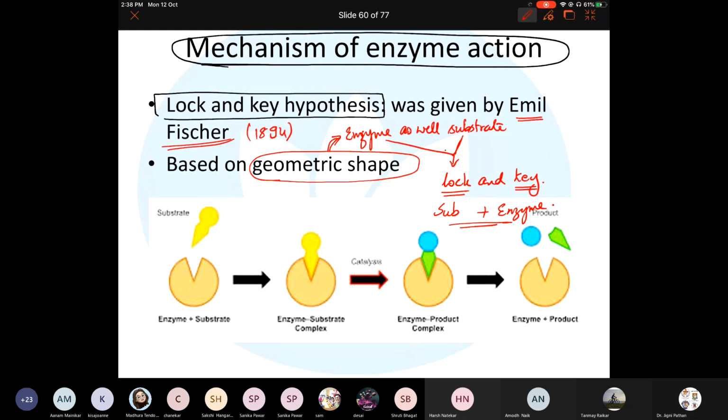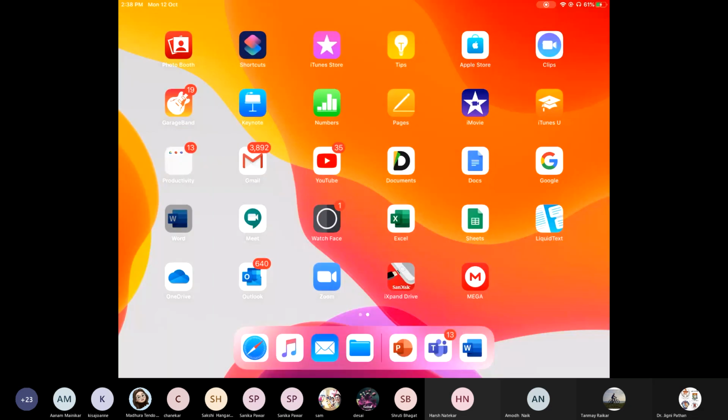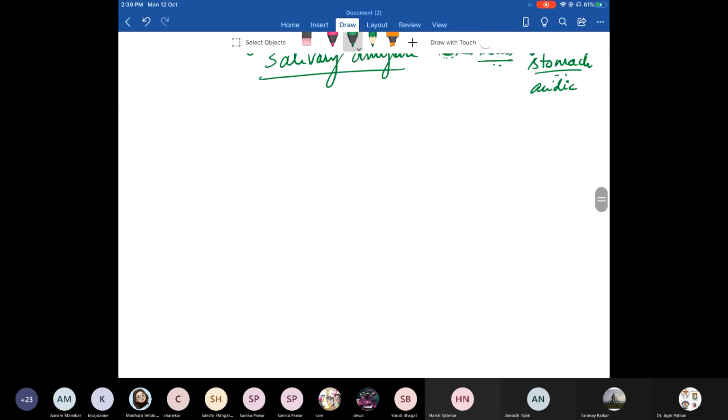For example, let me get back to the Word file. If this is an enzyme, and to this enzyme you are adding a substrate.